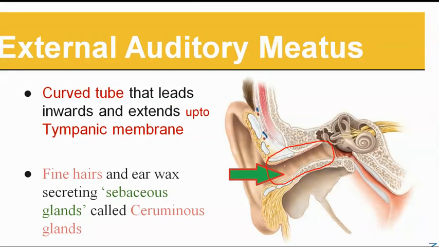In this curved tube-like structure, we find fine hair, and here also you find the presence of cerumen. Coming to the function of this cerumen, it prevents the entry of foreign particles or dust from the external region.